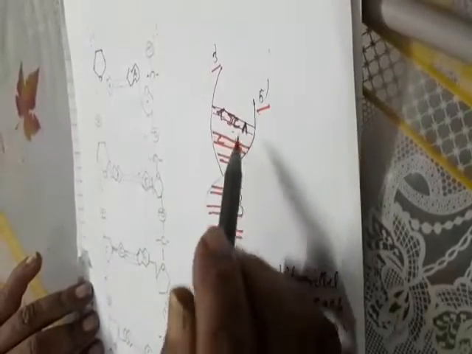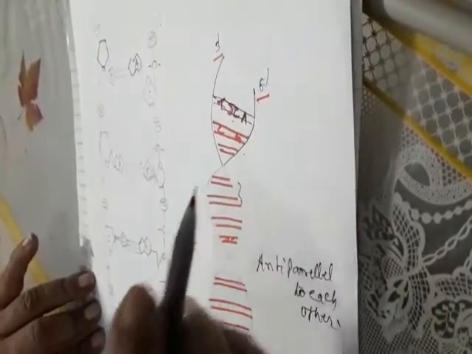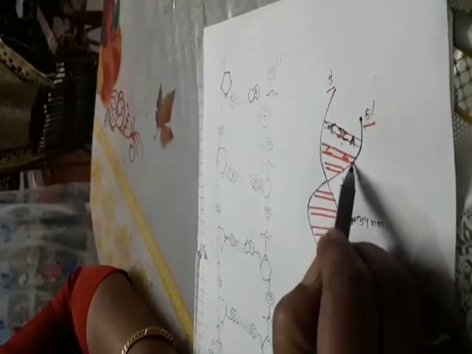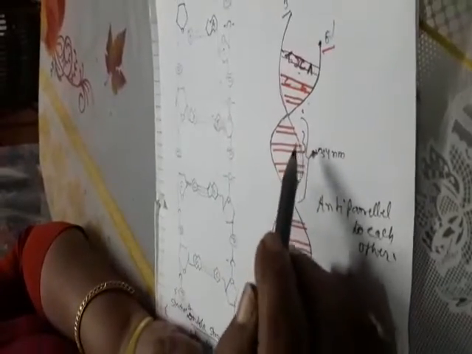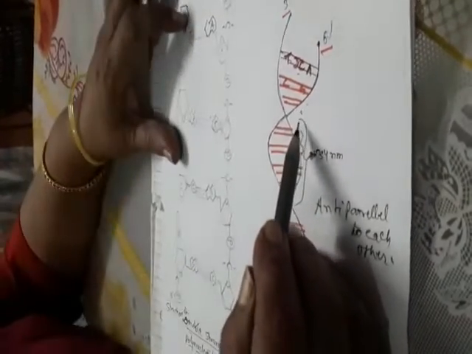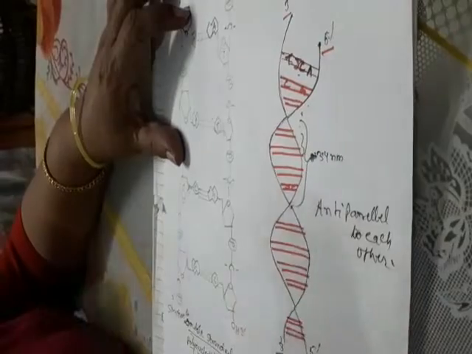The two strands run parallel and are joined with each other with polarity, and the distance is equal to 20 angstrom. Now the helical structure of DNA. The distance of one turn of the helix is 3.4 nm.